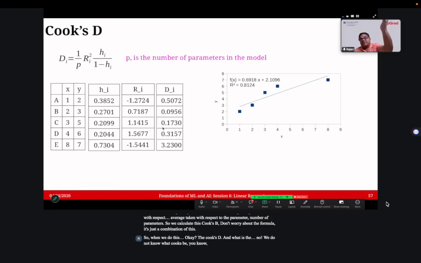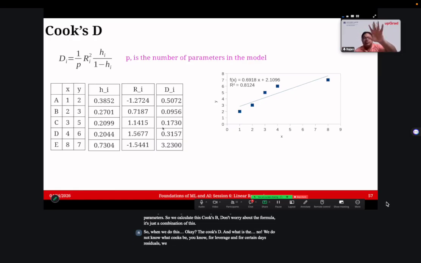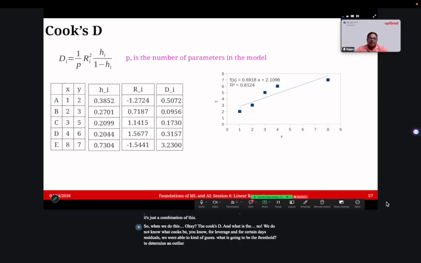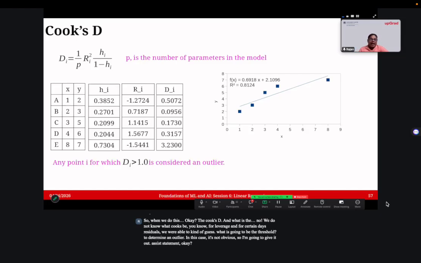For leverage and for student residual, we were able to guess the threshold to determine an outlier. In this case, it's not obvious, so I'm going to give it as a statement: any point which has a Cook's D value greater than 1 is considered an outlier.